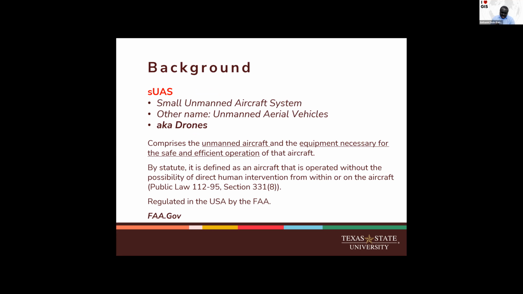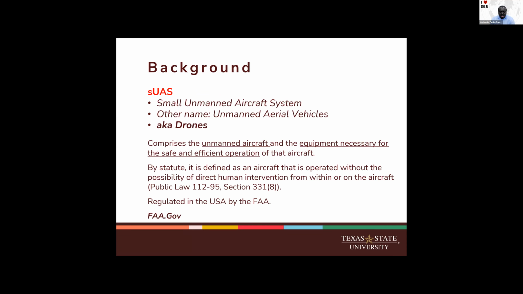But in academia, we don't like to use drones because of the bad connotations that they have, because they are mostly used in the military as well. So we prefer to use UAS.